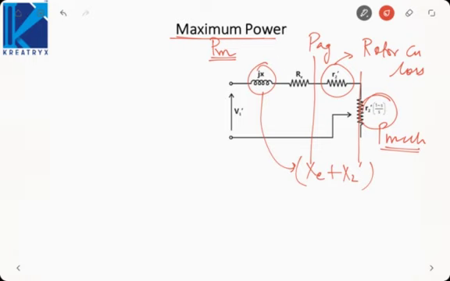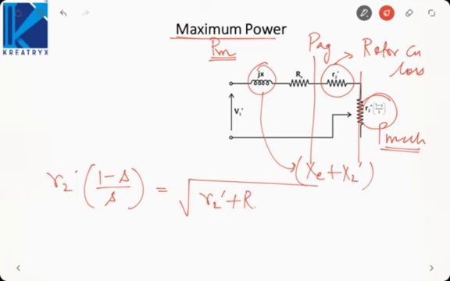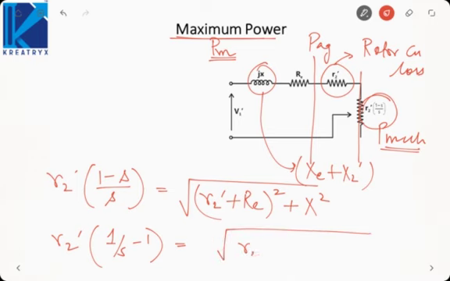That can be done using maximum power transfer theorem. R2 dash by 1 minus S by S should be equal to the magnitude of impedance, which is under root R2 dash plus Re whole square plus X square. So it is R2 dash into 1 by S minus 1 under root R2 dash plus Re square plus X square.